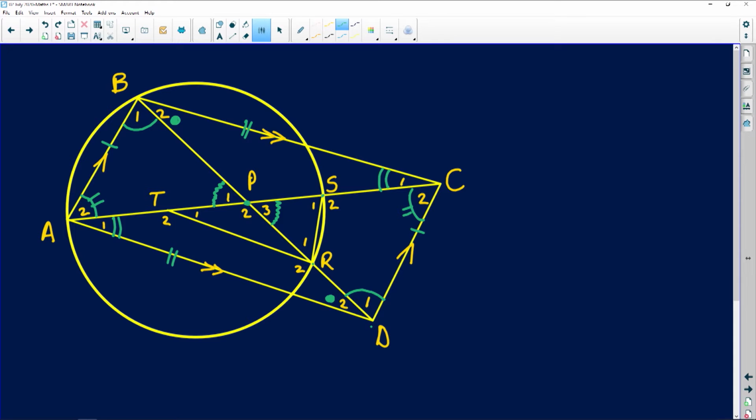T is a point on this half diagonal AP such that, here's something important, TP is equal to PS. Now I'm going to use another color here so that we can see that clearly. It's going to be blue, so let me use orange. 1, 2, 3. 1, 2, 3. That's most probably going to become very important, that those two little pieces are equal to each other.